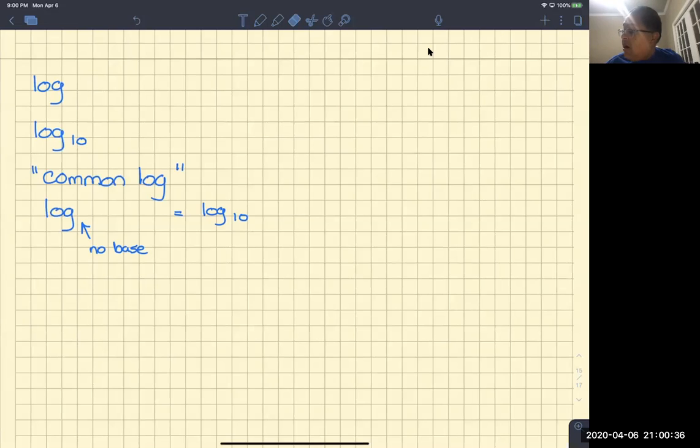Now, in your logarithm key on your calculator, right above it, is another type of logarithm called ln. ln is log base e, which is known as natural log. Now, we've talked about what e is.